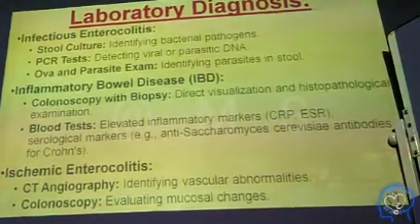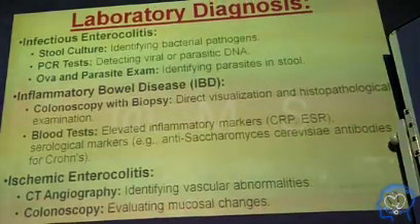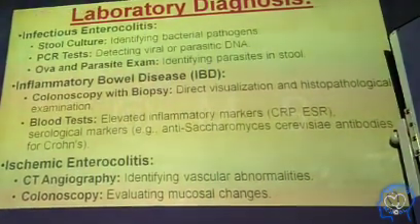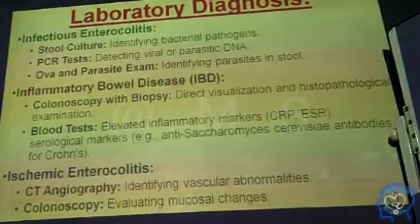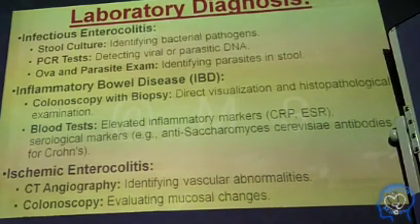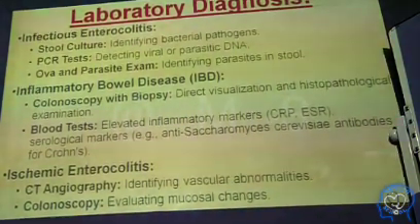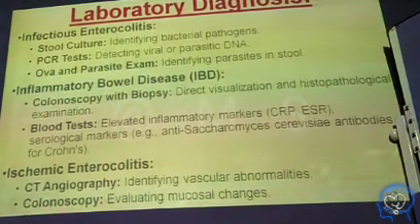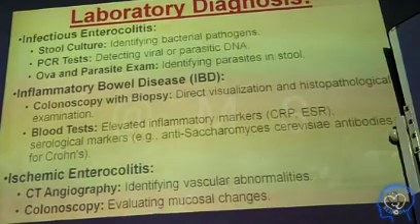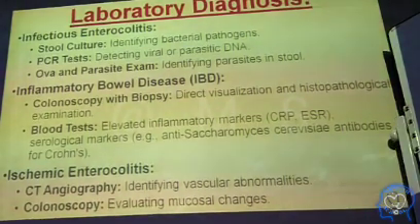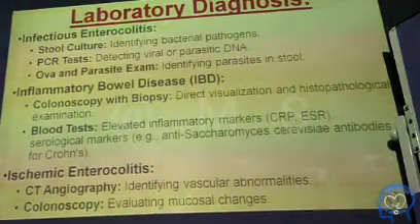So the laboratory diagnosis: stool culture, PCR test for viruses and parasites, ova and parasites examination, stool DR, and for bowel disease, colonoscopy, biopsies, and blood tests for elevated inflammatory markers, CRP, ESR, etc. Ischemic enterocolitis we diagnose with imaging, CT scanning, and colonoscopy, the direct seeing is believing.